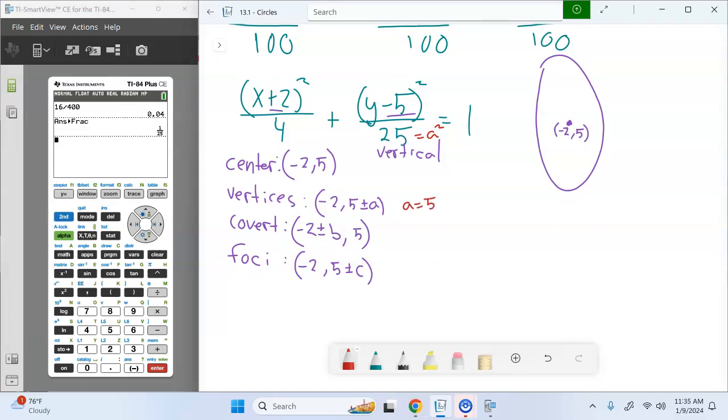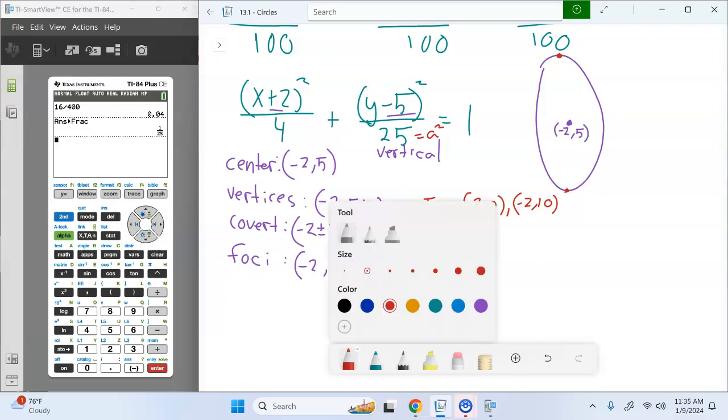So we'll add and subtract 5 to our center, which gives me what two points? -2, 0. And what's the other one? -2, 10. There, and there. So we've got A.